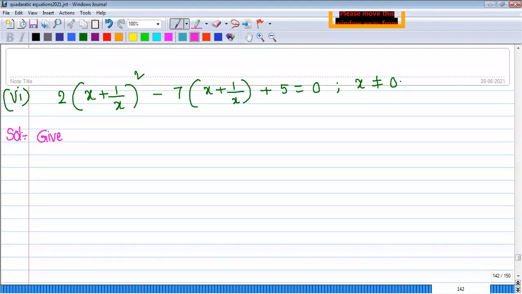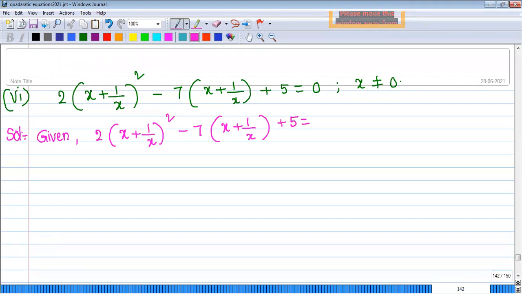Given 2 times x plus 1 upon x whole square minus 7 times x plus 1 upon x plus 5 is equal to 0. Okay, let us say x plus 1 by x is equal to t.